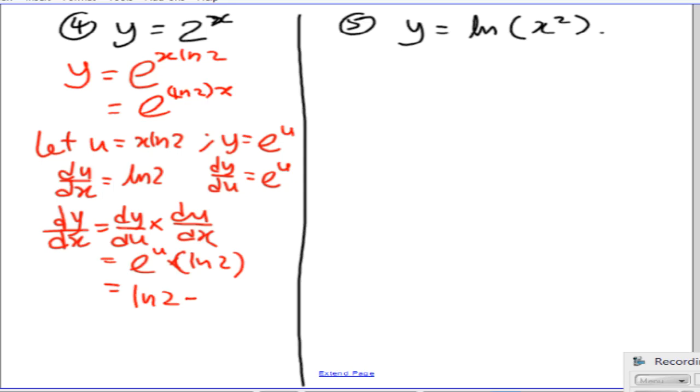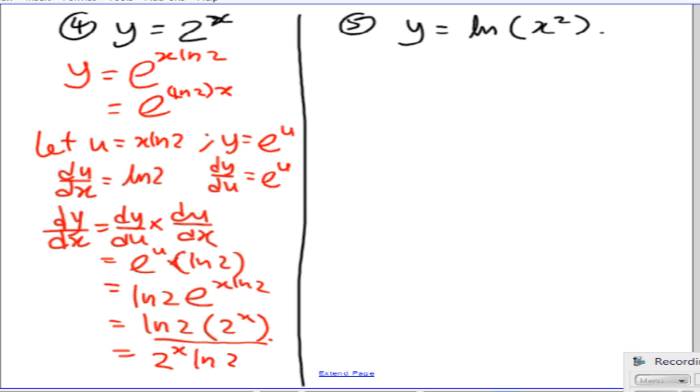E to the power of u itself is e to the power of x ln 2. E to the power of x ln 2 itself is basically 2 to the power of x. So this is my answer. The derivative of that is just ln 2 times 2 to the power of x. Usually this is written as 2 to the power of x ln 2.